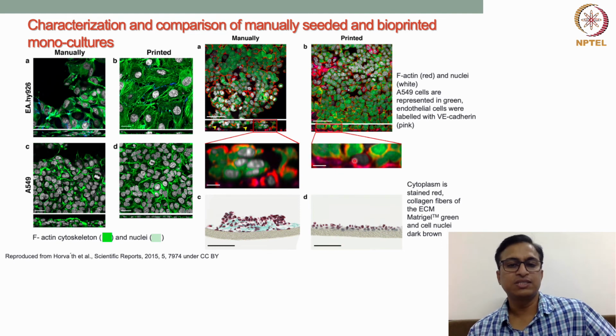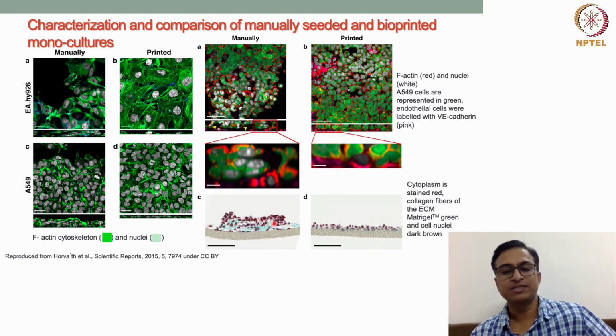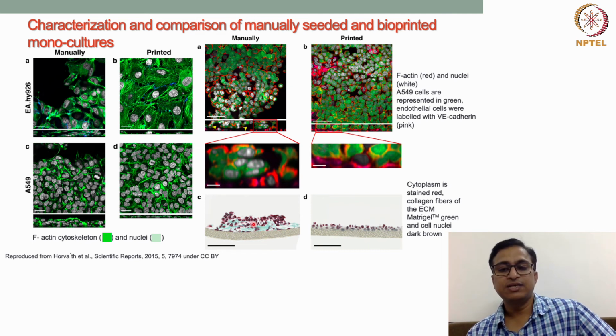Then they have also characterized this by histological staining. In the histological staining it is clearly shown that the collagen fibers are marked blue, the cytoplasm is stained red, and the cell nucleus is dark brown. So here you can clearly see that in the manual case there is a typically patchy, thicker matrix structure with the cells.